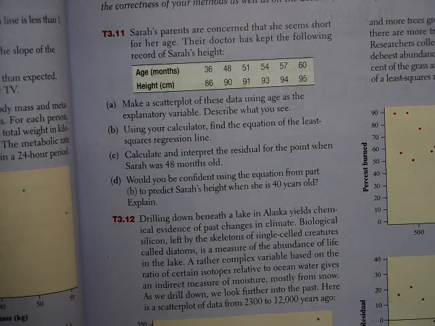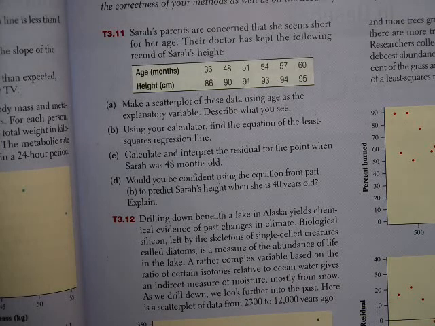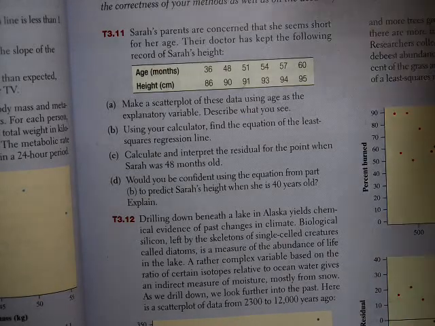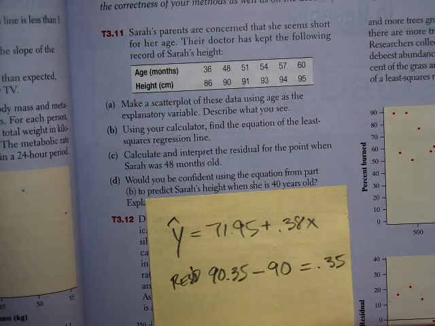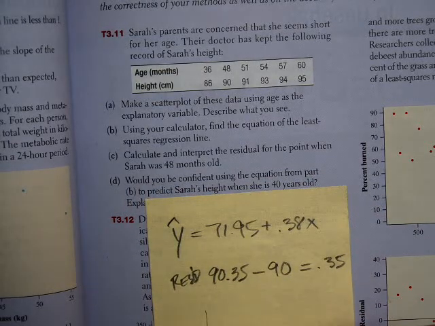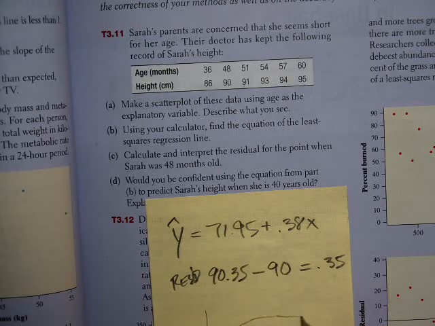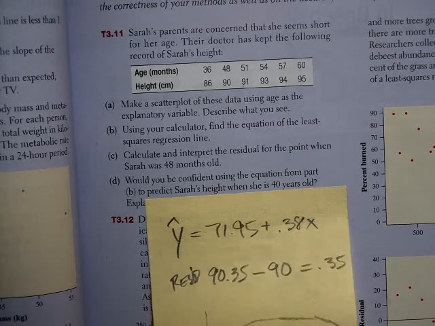And would we be confident in using the equation from part B to predict Sarah's height when she is 40 years old? Absolutely not. Main reason being that Sarah's not going to grow until she's 40. In fact, she's probably going to slow down at about 15, and her graph is going to do something like this. In fact, as she ages, she'll probably even shrink a little bit.